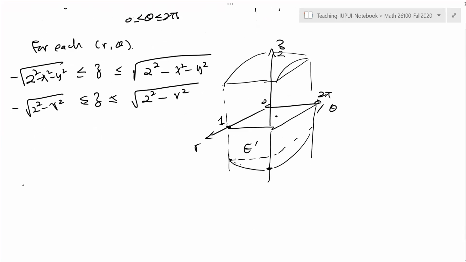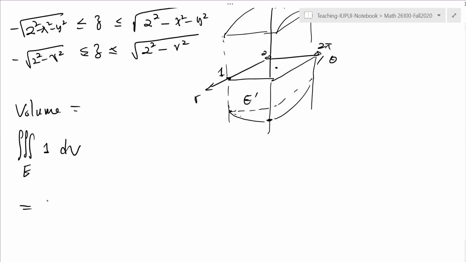So this should be an integral over E, and the volume is just the integral of the constant function 1. This is going to be the triple integral over E prime, with R and dV prime.